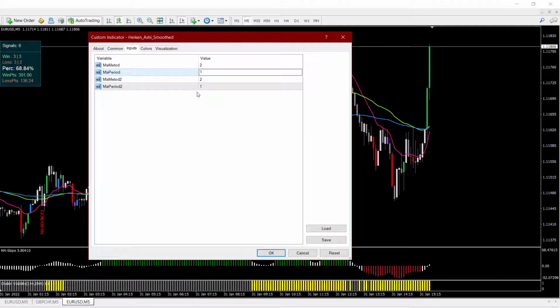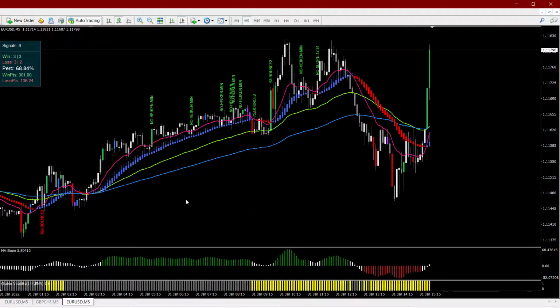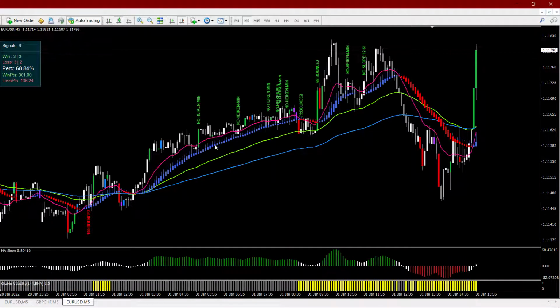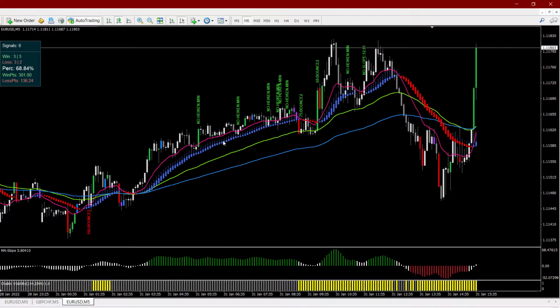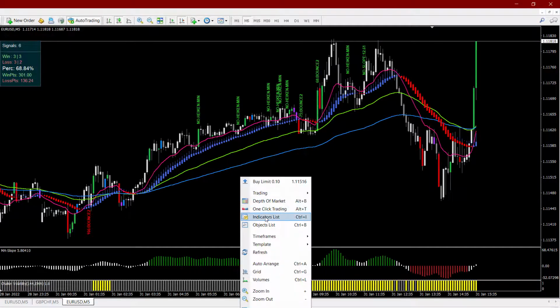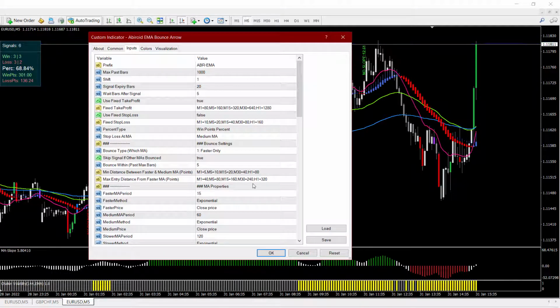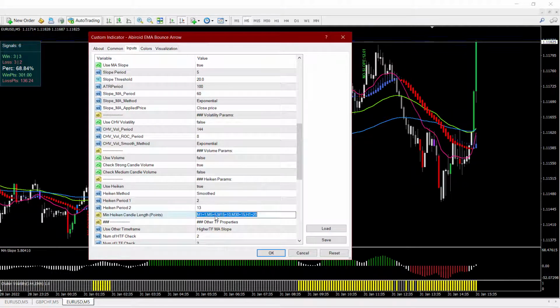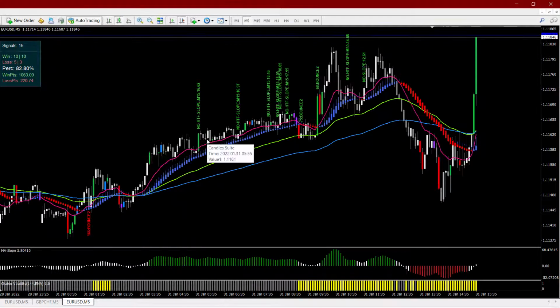We use 2 and 13. So this will be 2, this could be 13, and right here. That minimum candle length, it will check for these. So if you get debug values like no Heiken min, it means that this candle is not the minimum Heiken candle that we set. And if you don't want to use this check, then you can always delete this whole string. In that case, it will not check for minimum Heiken.